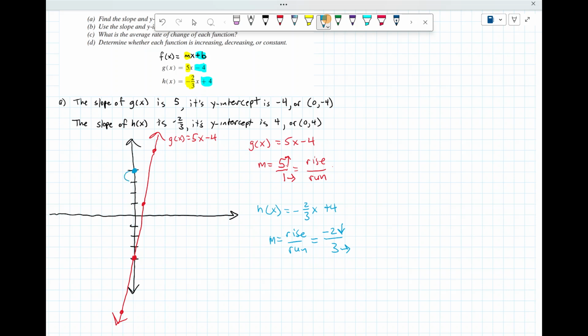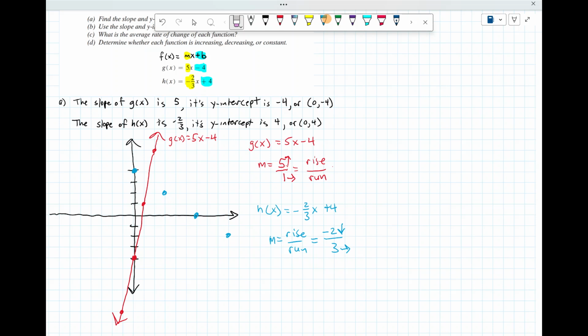So again, I'll go down 2 and over 3 and plot a point. I'll go down 2 again, over 3, plot a point. We'll do one more in this direction, down 2, over 3.